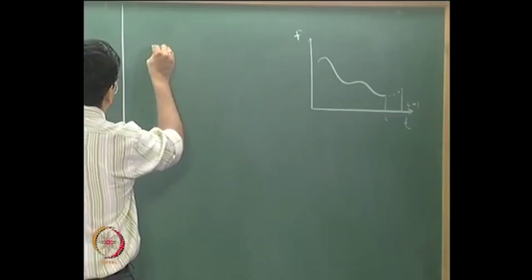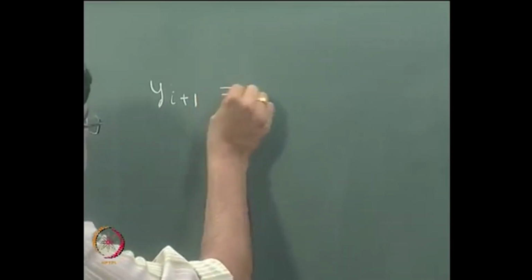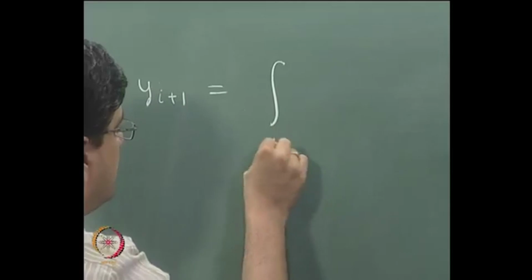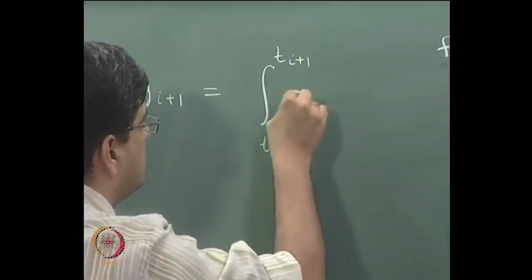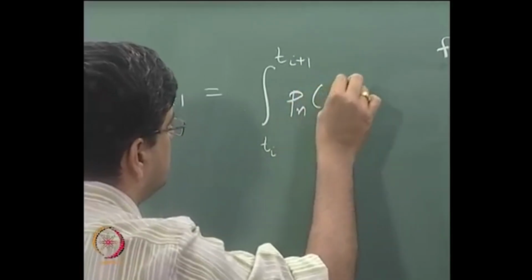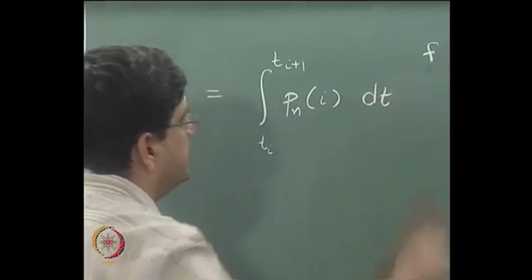So, y i plus 1 is going to be nothing but the integral from ti to ti plus 1 of Pn i dt. Okay.